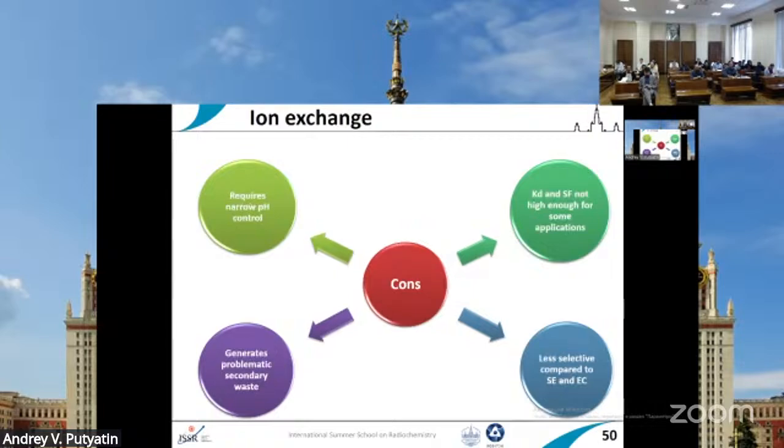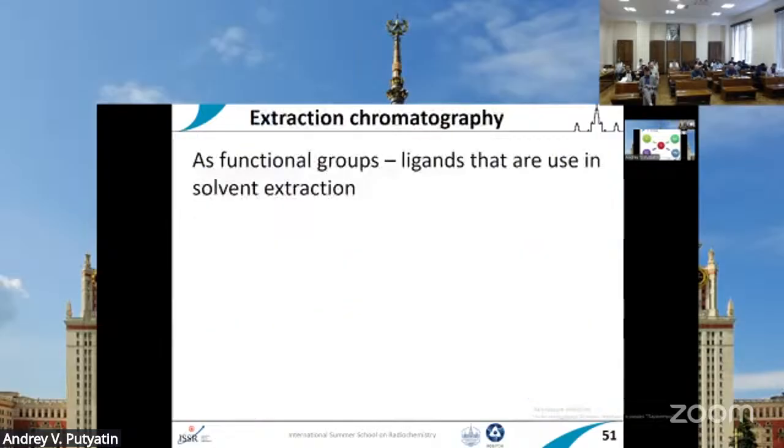But again, there is not a very high capacity of the sorbents. Sometimes we need to control the pH for good separation of the radionuclides. And the resins themselves represent a very problematic secondary radioactive waste.